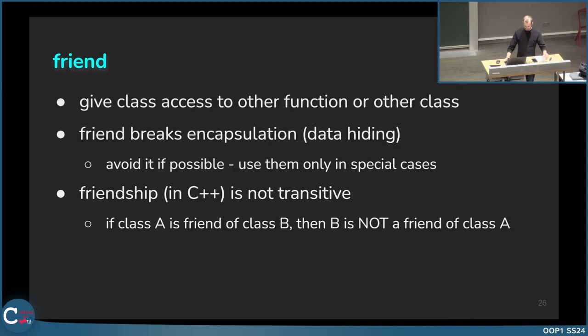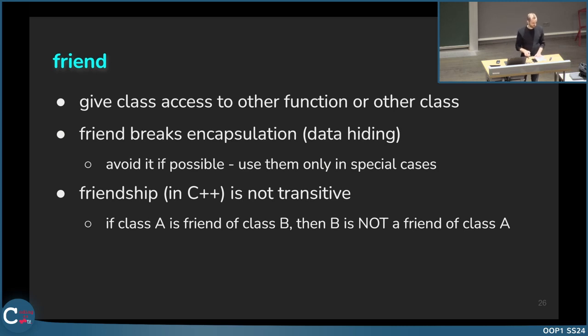All right, so to sum it up a bit, the keyword friend gives classes access to other functions or to other classes. The disadvantage of friend is that it breaks the encapsulation.